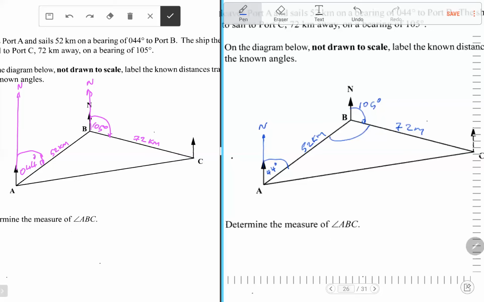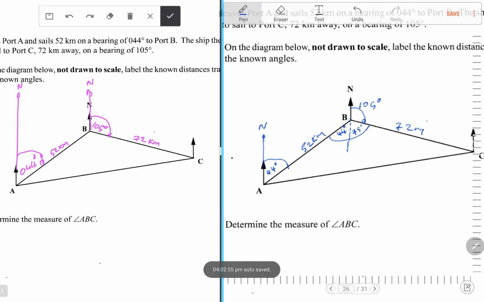We can break it down and then use a Z angle and say this angle inside is 44 degrees. And on this side, the total angle of a straight line is 180, and therefore this piece over here is 180 minus 105, which is 75 degrees.